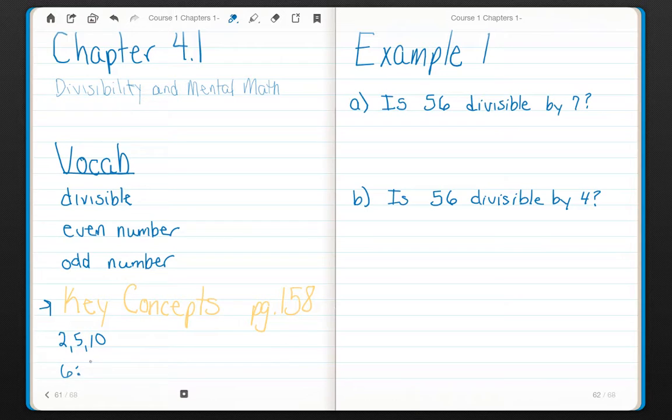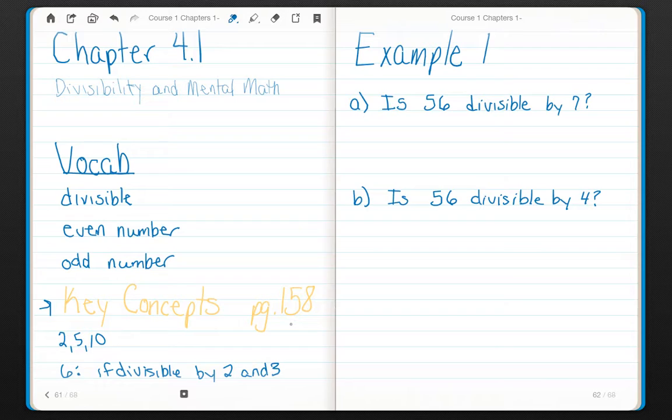A number is divisible by 6 if it is divisible by both 2 and 3. So check out the key concepts on page 158, which list divisibility rules, and then come back and we'll get started on example 1.